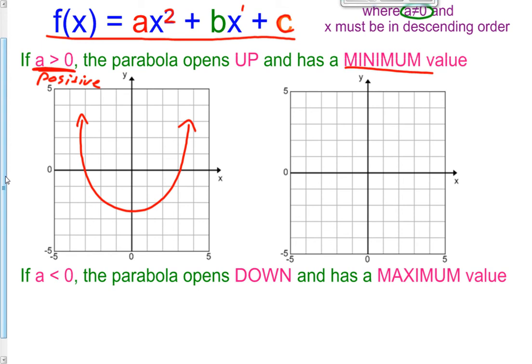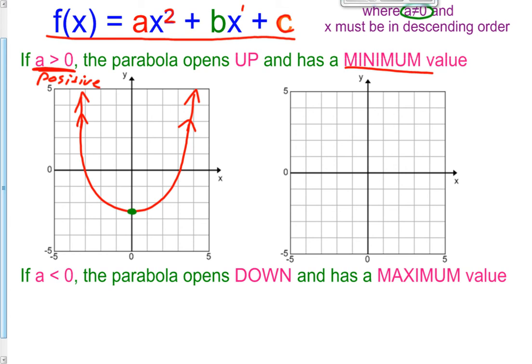The maximum value doesn't exist because this goes all the way to positive infinity, as far as the y-axis is concerned. The minimum value is at the very bottom of that U shape, at what's called the vertex. Where I put that green point, that's the minimum value. We talk about the minimum value on the y-axis, so the minimum value here is like negative 2.5 or something like that.